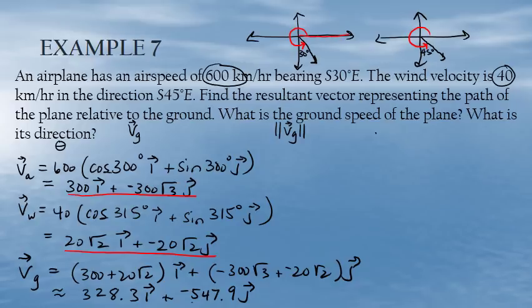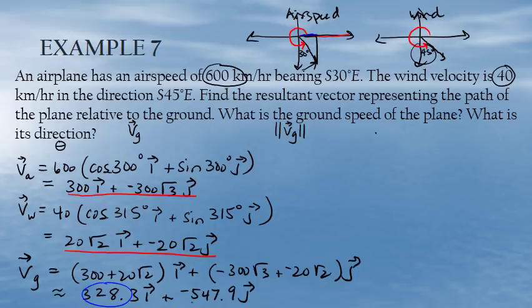Okay, so let's think about this for a second. Looking up at my sketches at the top, my first sketch was what I intended to have my plane do. And then we had some wind that came through and affected it. So my airspeed was going 300 this direction and then going down negative 300 root 3. Now this wind looks like it is pushing me along because I'm not going 300 anymore, I'm going about 328.